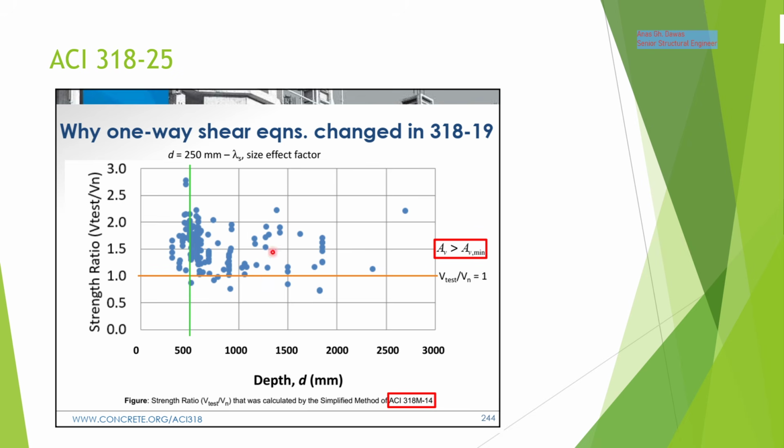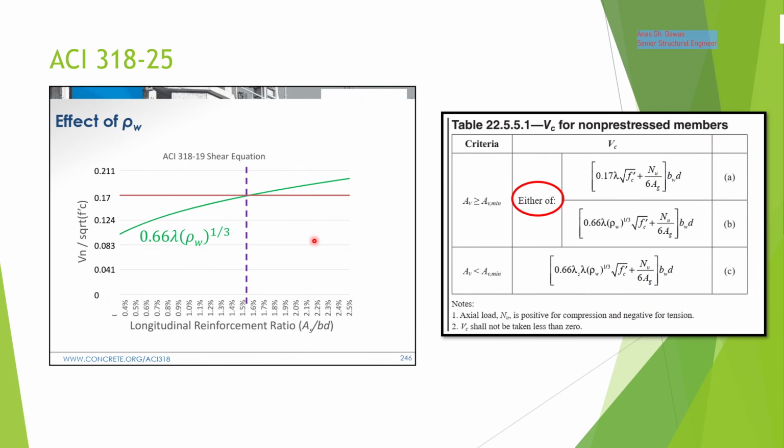That's why, as you can see here, when we provide the minimum shear reinforcement, the capacity of the sections has been improved a lot, in fact.